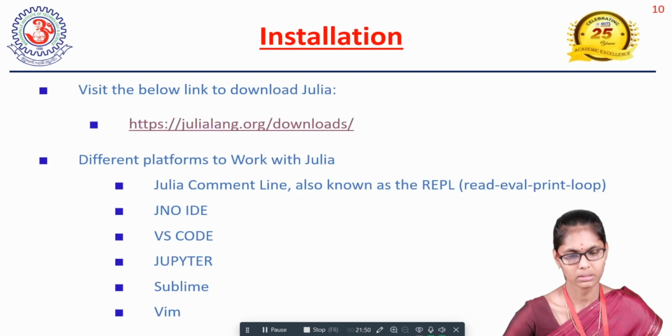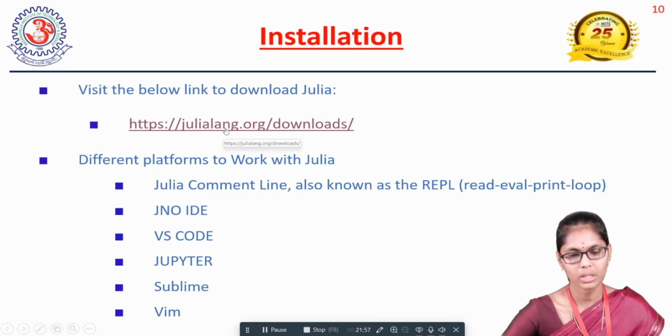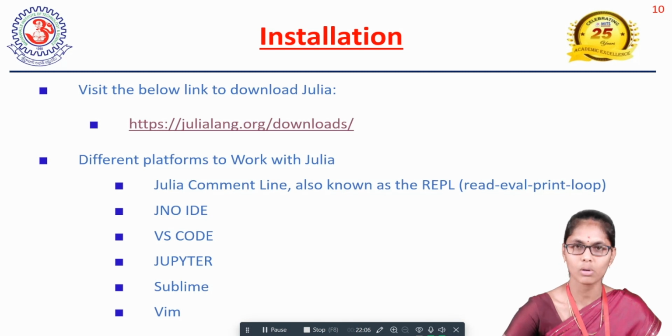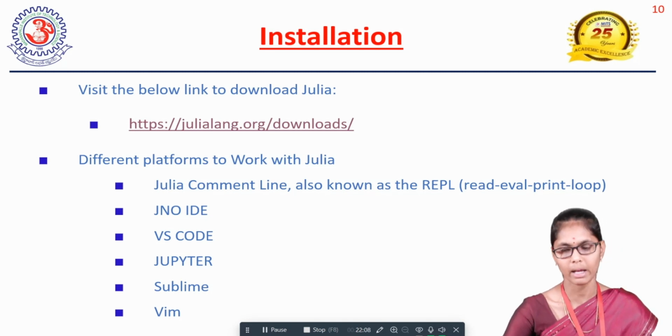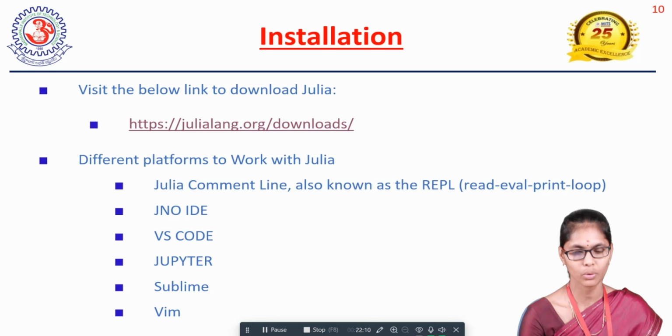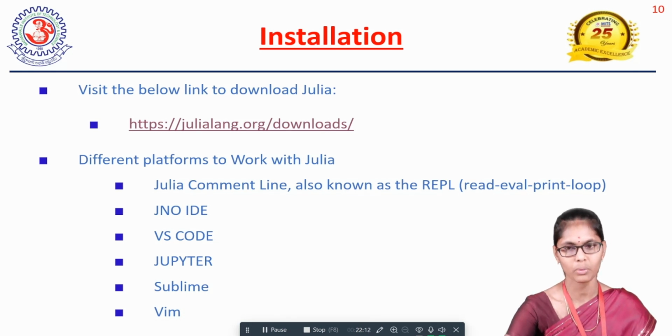Here we go. We are going to start with how to install this software on your system. Before downloading, I just want to highlight a few other things. There are different platforms to work with Julia. The first one is the Julia command line, which is also known as the REPL. REPL is nothing but read, evaluate, print, loop. I will show you that Julia command line on our screen.